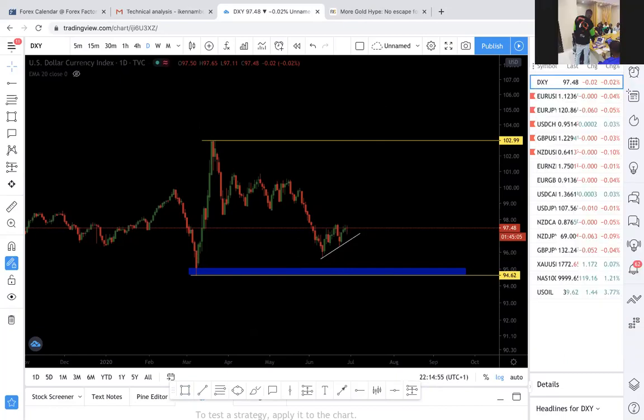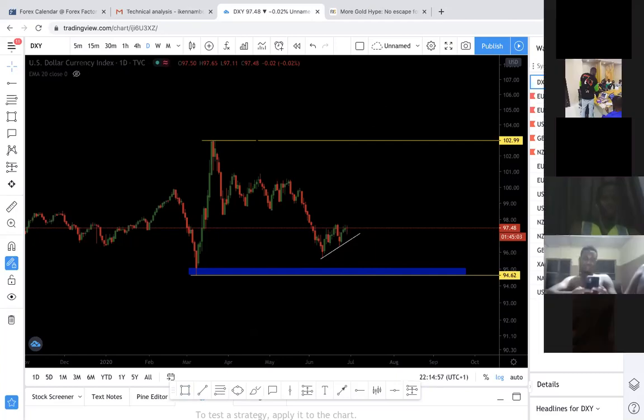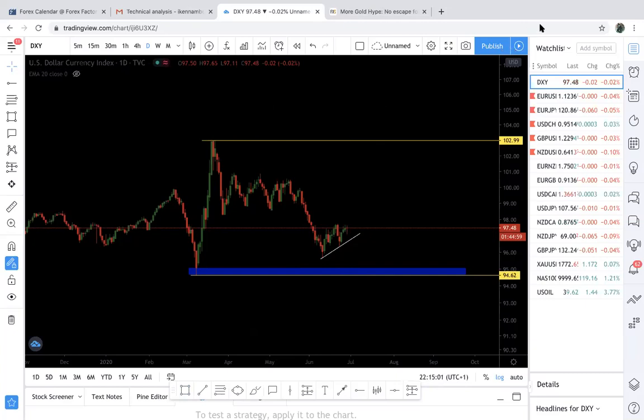Just because I use a line a lot doesn't mean it has to be a line thing. It's a zone, okay? Very, very important you pay attention to the zone. We want to see how price is going to react in all of that zone. Okay, when there's no weak body, then you know what it is. You just put your line right there.